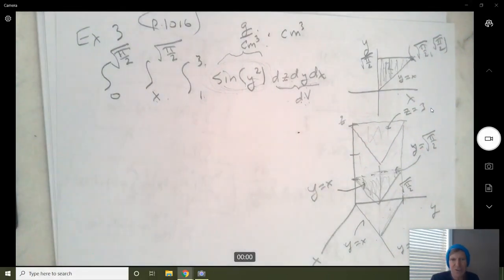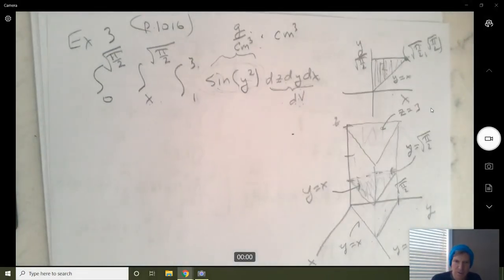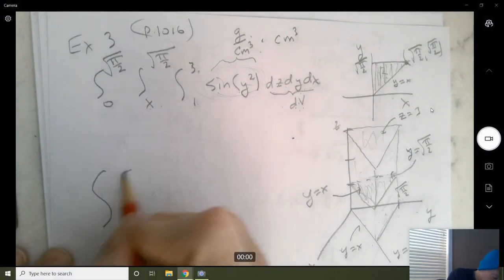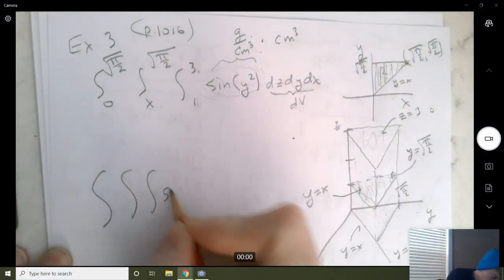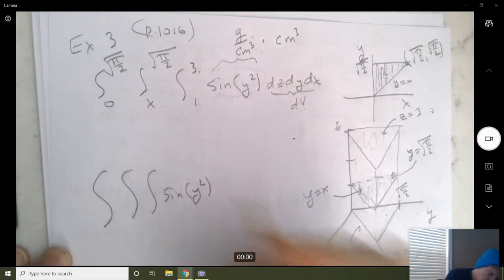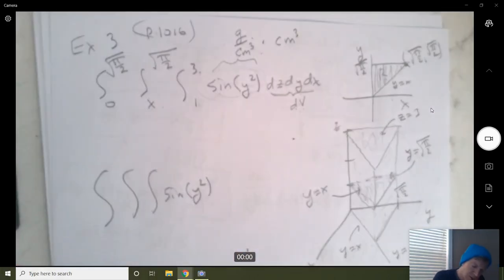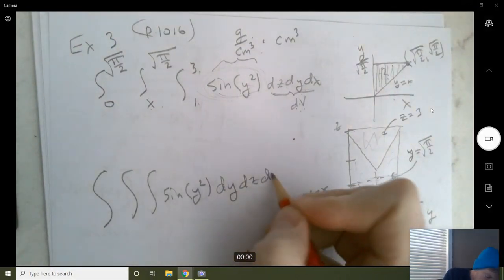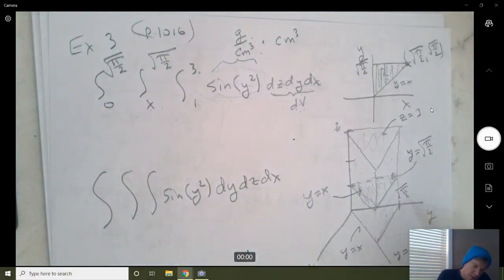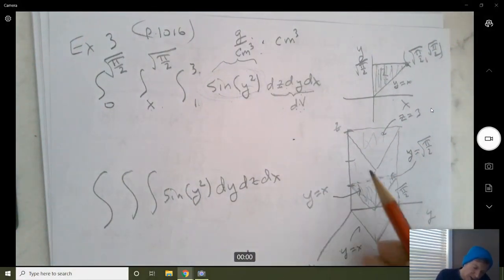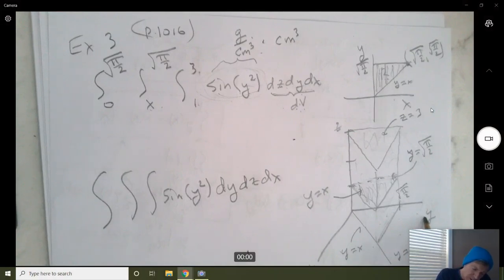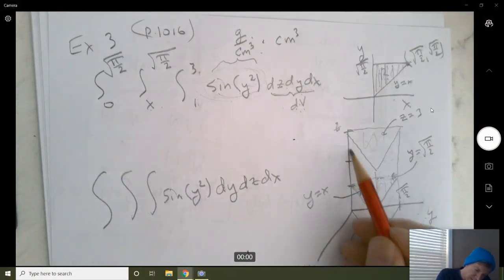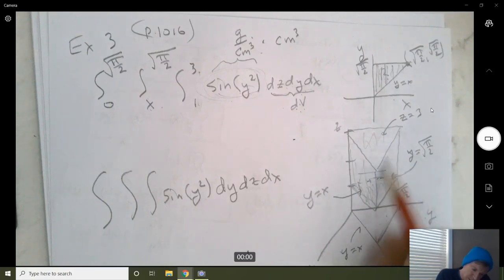But let's switch the order of integration. Let's do sine of y squared, and we'll do the dy first: dy, dz, dx. Now if I'm doing the y first, I want to go in the y direction from this side to this side.